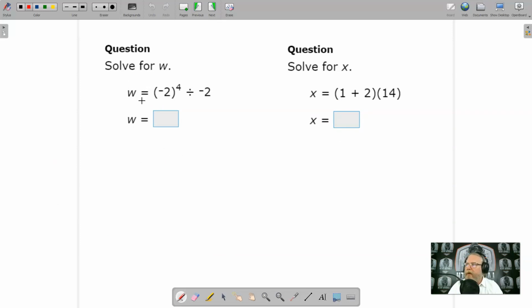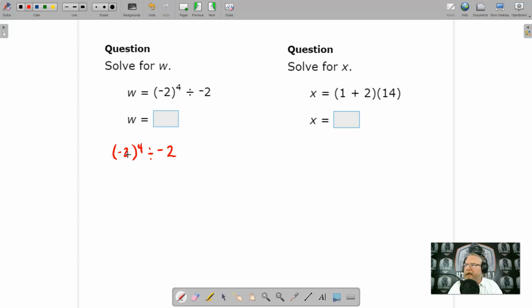Let's solve for W. So we have -2 to the 4th power divided by -2. Now, the fact that the negative sign is inside the parenthesis with the 2, let's go ahead, I'm going to rewrite the problem. I'm getting ahead of myself. 4 divided by -2.